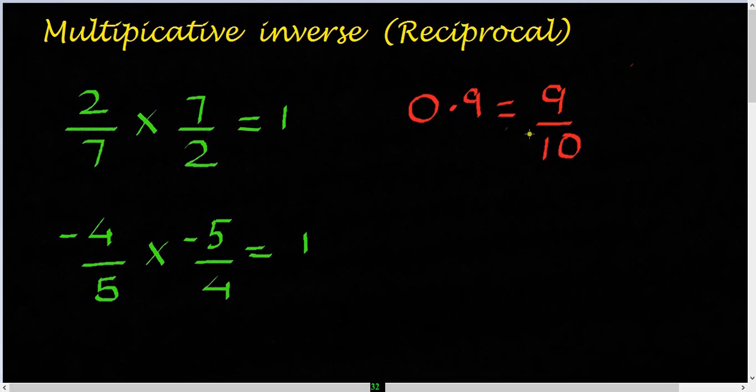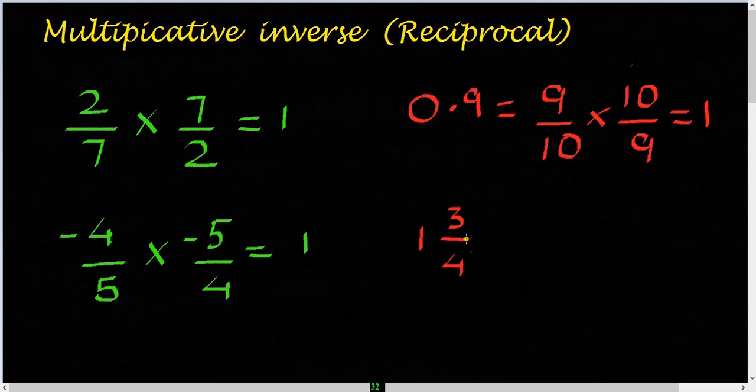If after the decimal point you have two numbers, you'll get 2 zeros. And the multiplicative inverse of this will become 10 upon 9. Cancel the 0 and 0, 9 and 9, and you'll get 1. That means the multiplicative inverse of 0.9 will be 10 upon 9.